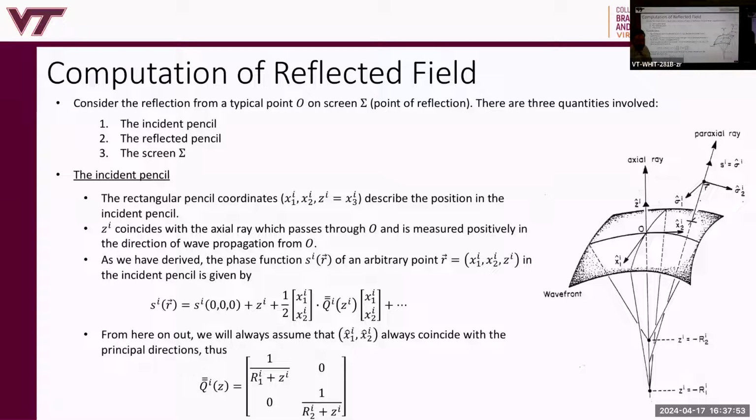Very nice. When we're in the eigenbasis of this matrix, right? The eigenbasis are the principal directions. So that means that x1 incident hat and x2 incident hat are aligned with the principal directions of this wavefront surface. That's the way you get this diagonal matrix. Okay, good.